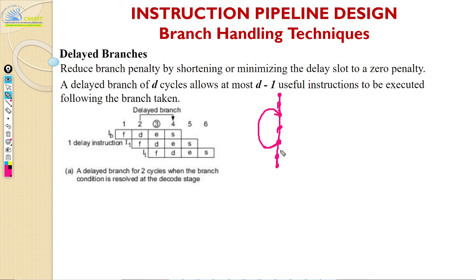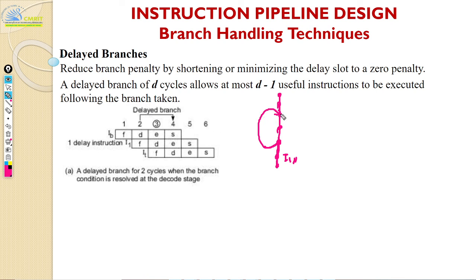Now let us say there is an instruction I1 here. Irrespective of whether you are going to branch or not, at some point you will hit this instruction, and then you will definitely run this instruction. If that is the case, then you bring that instruction into the pipeline.